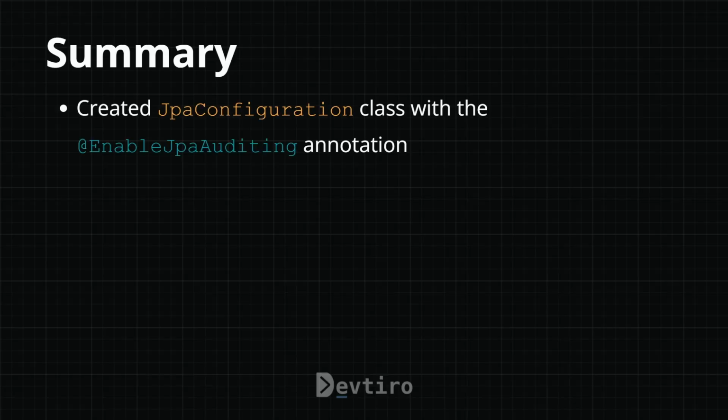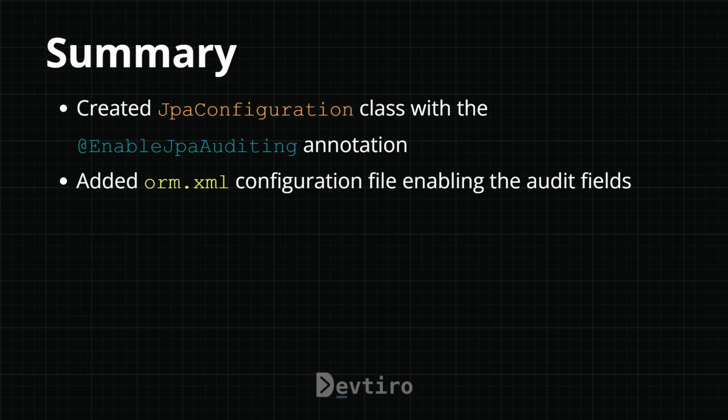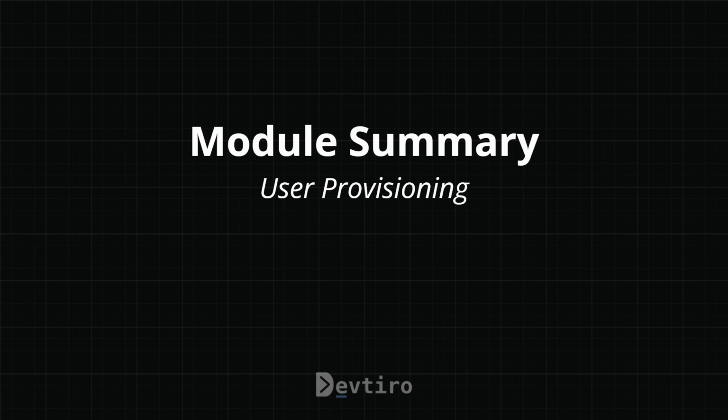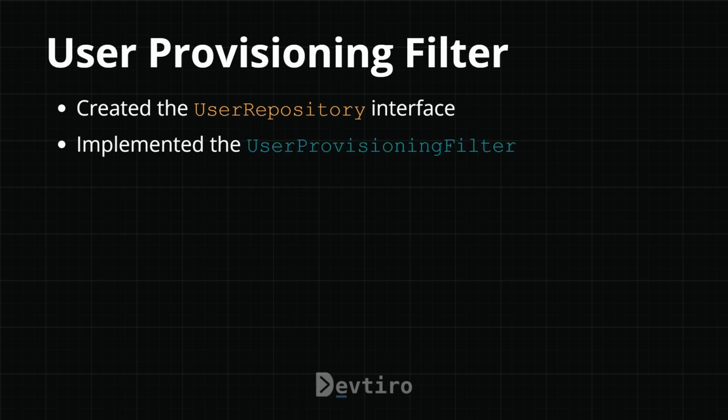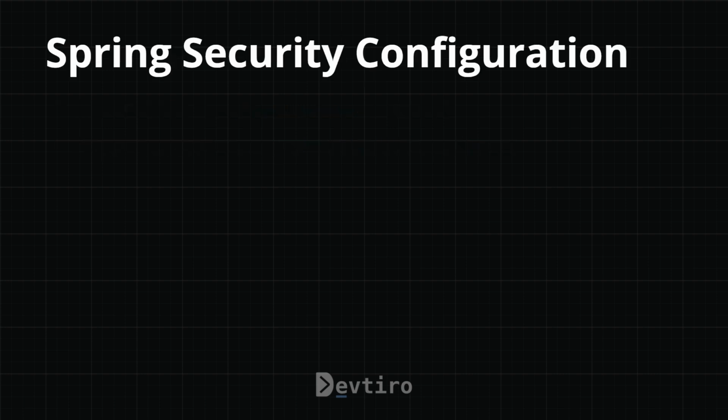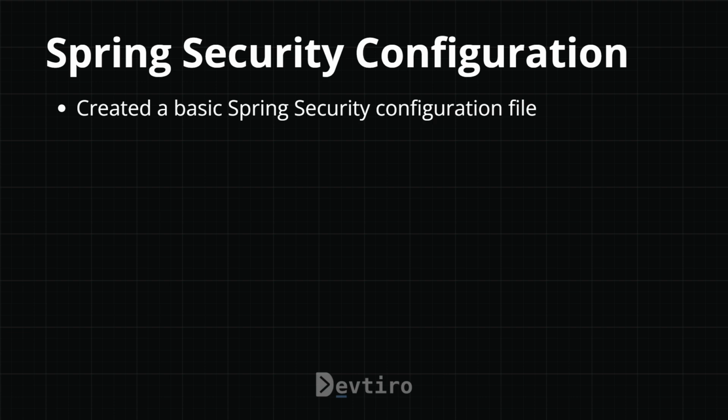So in summary, we've created the JPA configuration class with the @EnableJpaAuditing annotation. And we've added the orm.xml configuration file enabling the audit fields. So let's recall what we've achieved in the user provisioning module. In user provisioning filter, we created the user repository interface. We implemented the user provisioning filter. In Spring Security configuration, we created a basic Spring Security configuration file.